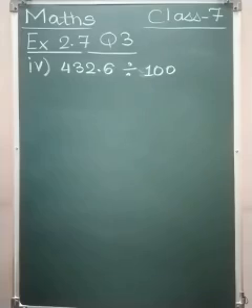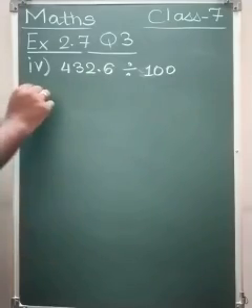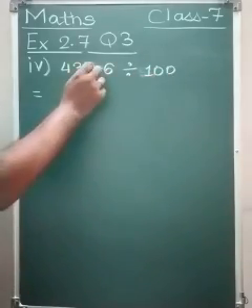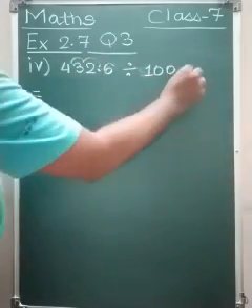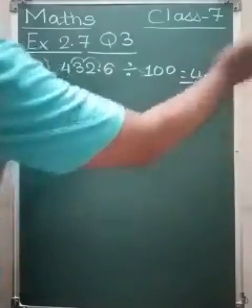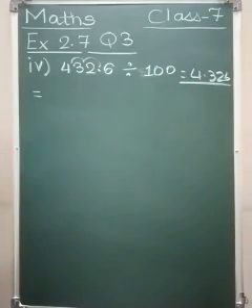So this equals, can we write that answer directly? Okay, 1, 2. So the answer would be 4.326. Orally we have tried to find out the answer. Let us solve and check.